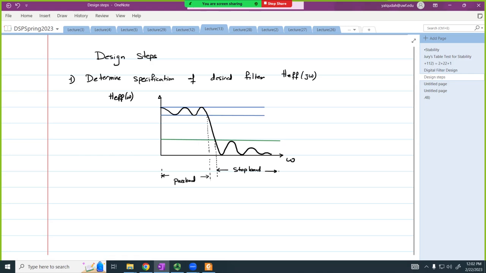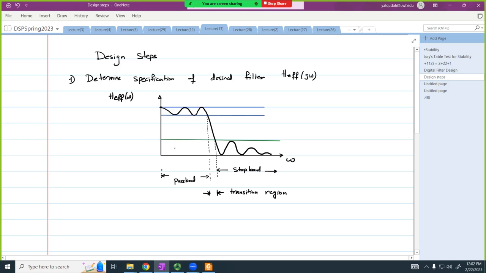Quality factor? No, the transition region. Is the label clear? Between this and this is the transition region because we transition from pass band to stop band. Okay.